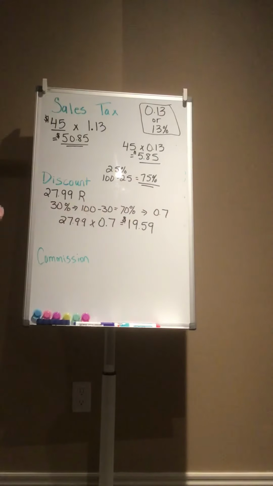It gives us a new price of $19.59. Yes, you can do what you've always done previously, which is take your original price, multiply by 30%, subtract. This does it in one nice, neat little step. Shows us that we're starting to think a little bit more maturely about math.